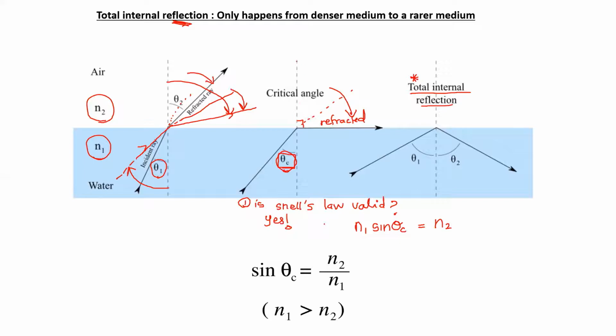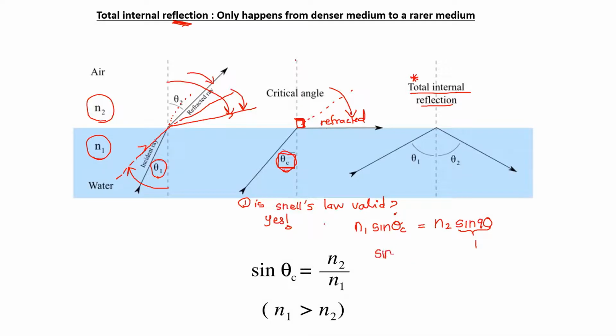We always measure the angle from the normal to the ray, so from the normal to the ray, it is 90 degrees. What is sine 90? 1. If you plug this in the calculator, you will see that this is equal to 1.